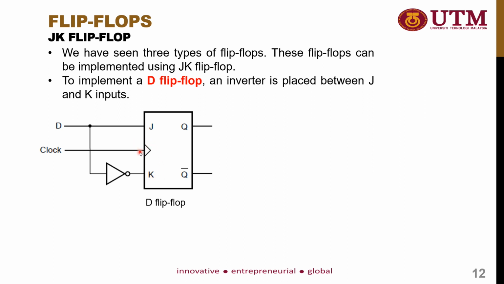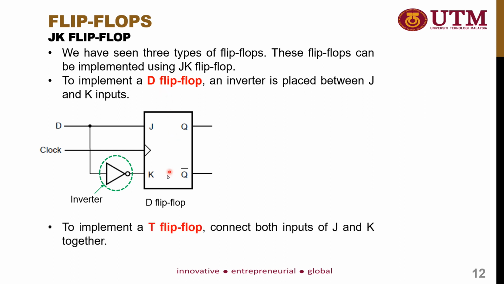So in order for us to implement a D flip-flop, we need to connect the D input into J and the second one into K. But to be able to operate the D flip-flop, we need to add an inverter. So we need to add one inverter at K before it enters the K input. So you can simply design the D flip-flop by using a JK flip-flop.